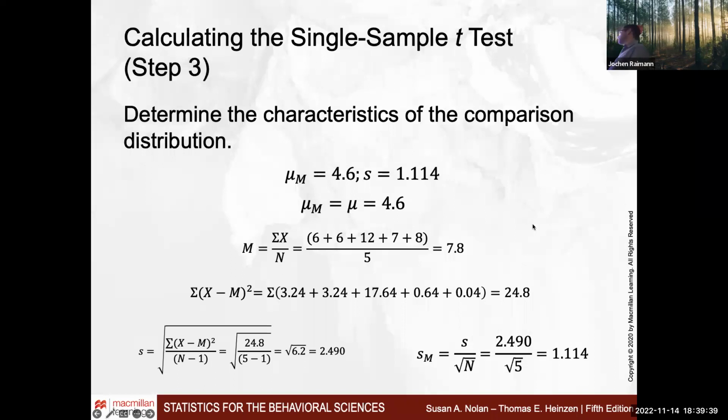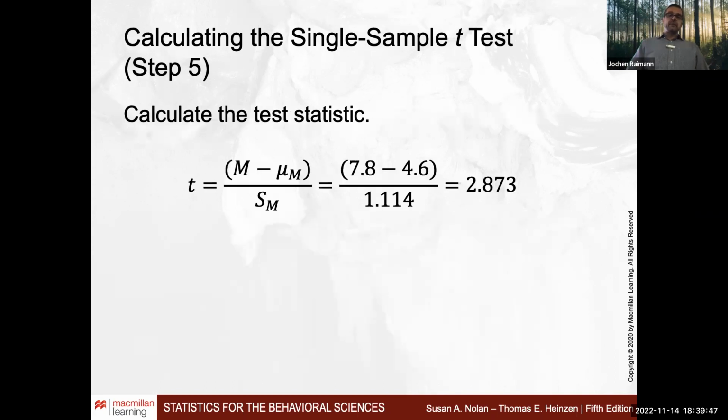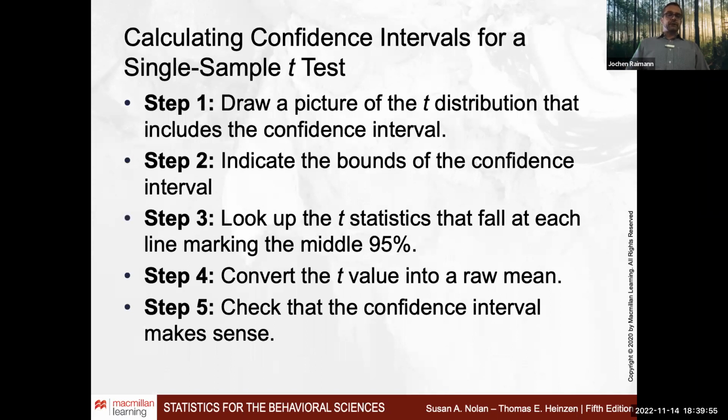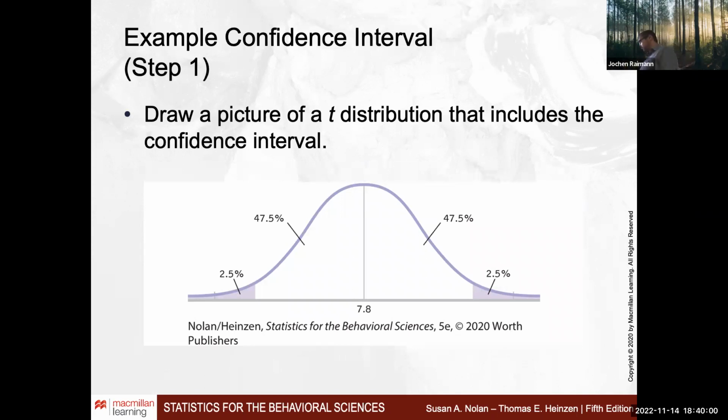So basically this is the same calculations we did now. We get the same standard deviation estimate. We get the same standard error of the mean. We're getting the same t-score. Now we're making the decision to actually reject our null hypothesis. So when you calculate the confidence interval, it's the same principle as we have done with the set distribution.